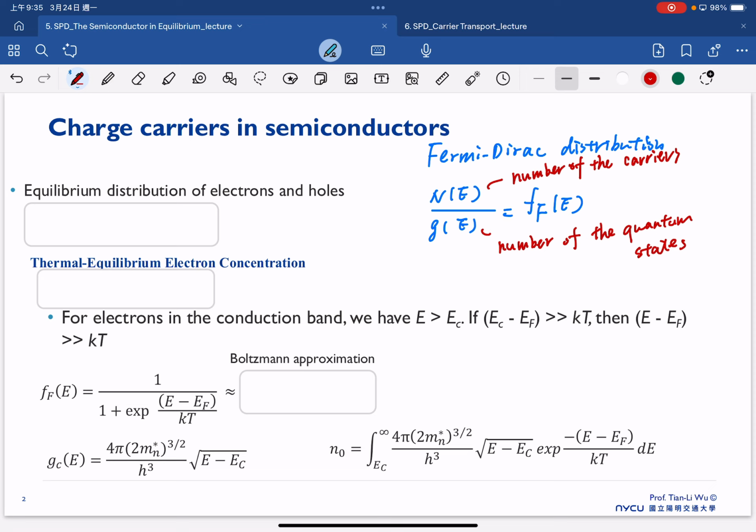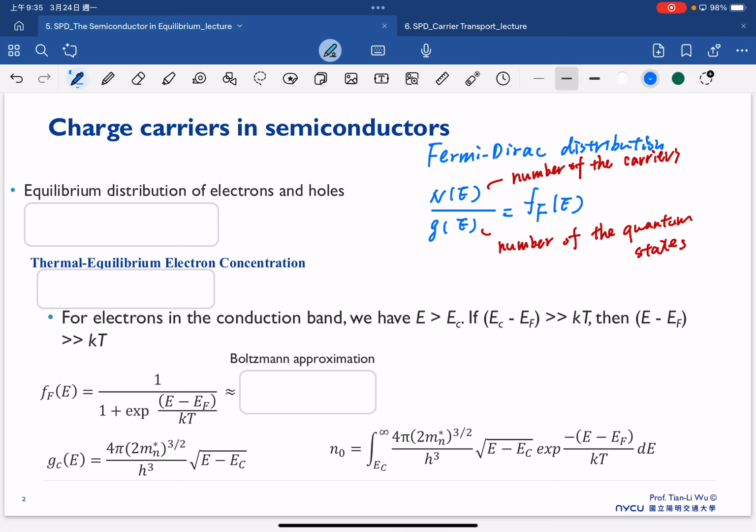Everything from today's lecture will be based on the Fermi-Dirac distribution. First of all, we will be interested in understanding the equilibrium distribution of electrons and holes, which can be estimated from the equation shown here. The number of electrons, the number of carriers, is equal to this times this.